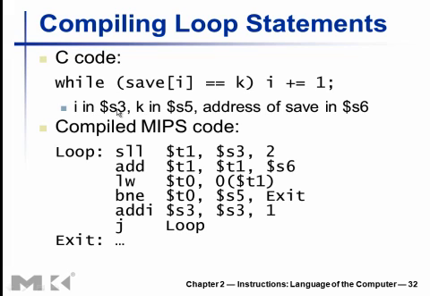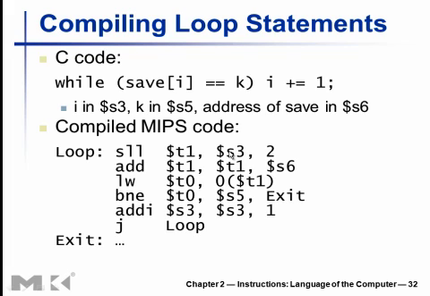So let's say i is in S3, and k is in S5. And the address of the array is in S6. So first we have a shift left logical into T1. T1 is the value after we shift left S3 by 2.